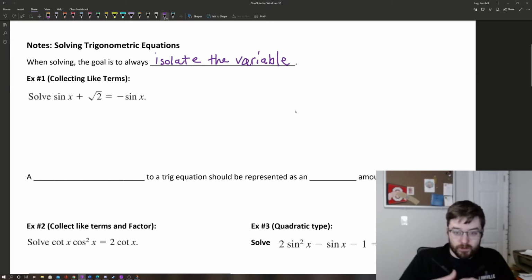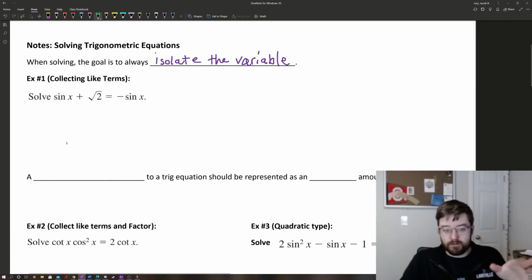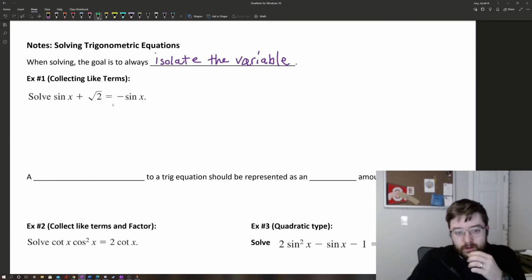And I'm currently working on an algebra helper for you guys that I hope to get out to you for the purpose of helping with these trig equations and such.